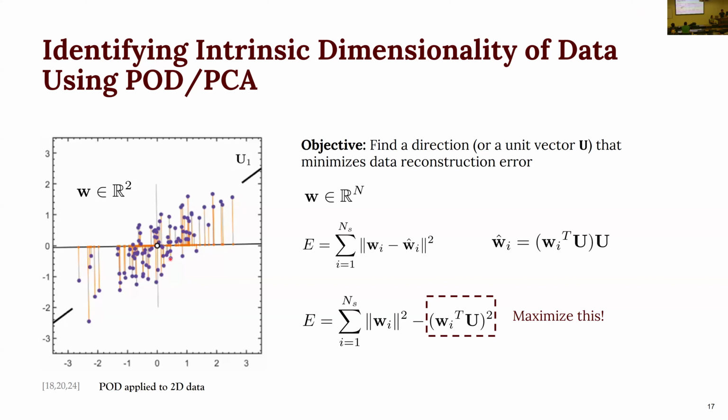Say we have a data vector which is n dimensional, lies in R to the power n, and instead of finding a basis vector first, let's stick to finding a single unit vector. We want to find a single unit vector that yields the lowest one-dimensional representation error of the data in the L2 sense.